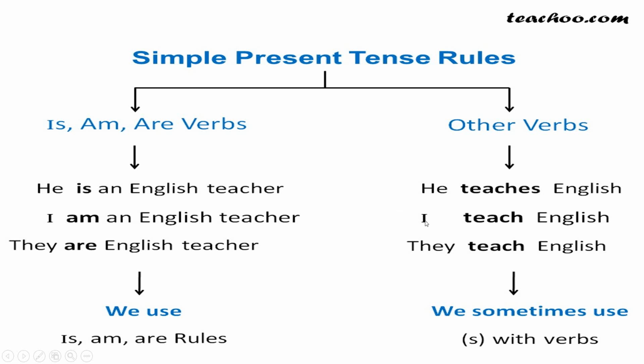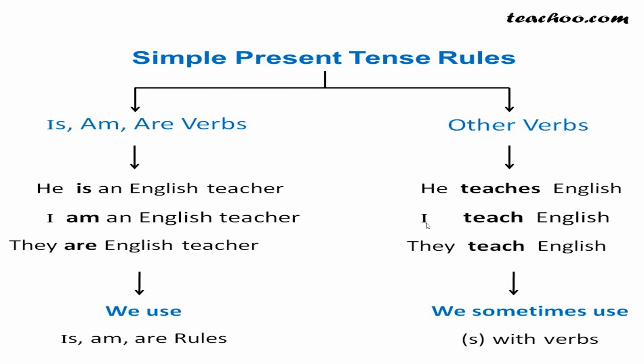So he teaches English. I teach English. Children, I is singular, but why have we used teach here? Because I is used with plural verb. Not only I, but also you. These are exceptional cases, children. Here, I and you, we use plural verb. Let us talk about you. You we can use with singular person also and plural person also.